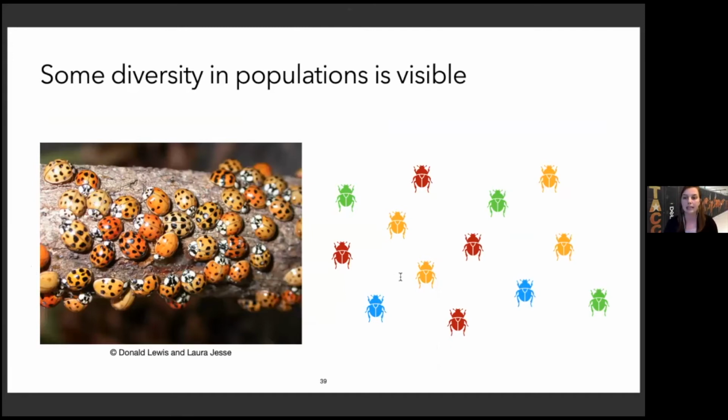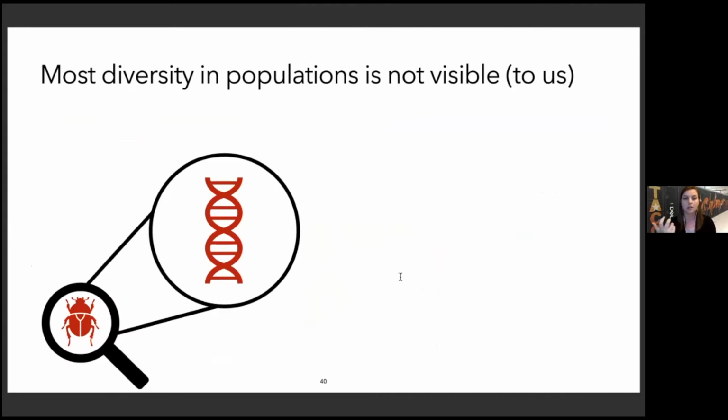But we can see all of this variation between individuals. But the reality is most diversity that exists in natural populations is not visible to us. So when you think about one of these individual beetles, those beetles are actually made up of a bunch of cells which contain DNA.